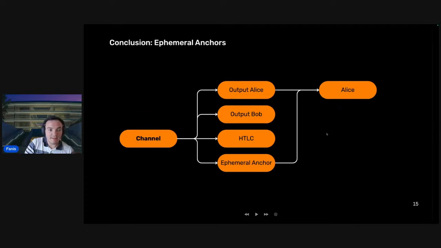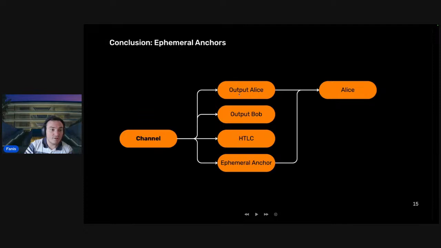And so this way, Alice could bump the fees of the transaction, and she could do so without having any additional funds lying around in order to fund the child transaction.